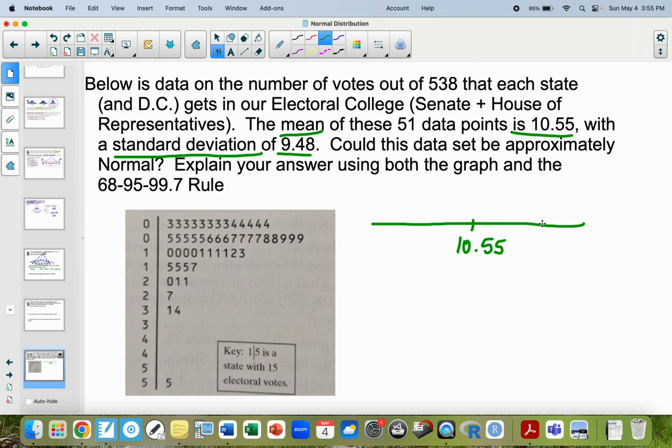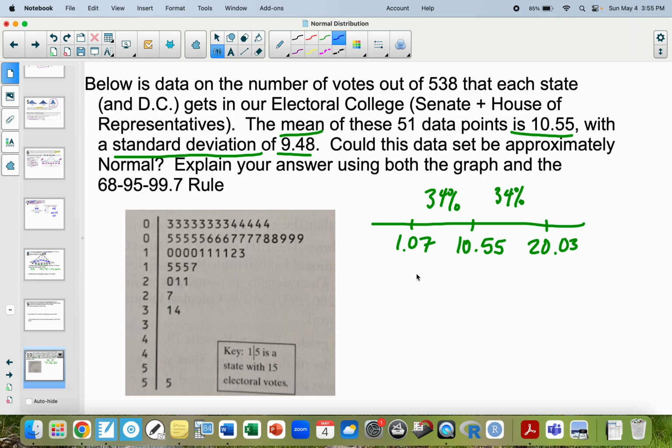If I add 9.48 to that, I would be at 20.03, and that should represent 34% of our data. And then if I subtract a standard deviation, so if I subtract 9.48, we should be at 1.07, and that should represent 34% of my data if it is normal. Okay, so if it is normal, that's what it should represent.